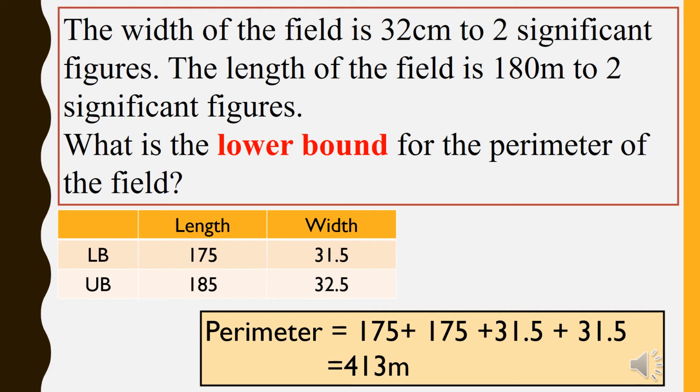The lower and upper bounds for the length are 175 and 185, and the lower and upper bounds for the width are 31.5 and 32.5. Since the question asks for the lower bound of the perimeter, we will be adding the lower bounds of the length and width, which are 175 and 31.5.